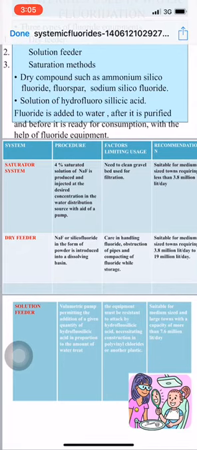The equipment must be resistant to attack by hydrofluorosilicic acid, so construction is in polyvinyl chloride or other plastics. The recommendation is that it is suitable for medium size and large towns with a capacity of more than 7.6 million liters per day.